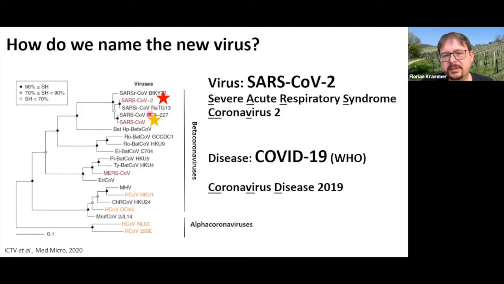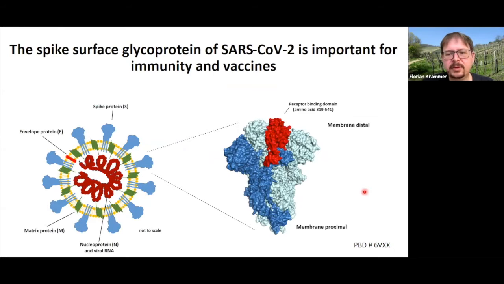And so because there was this relationship and the disease was similar, the virus was termed severe acute respiratory syndrome coronavirus 2, or SARS-CoV-2. And the disease was termed coronavirus disease 2019 because it showed up already in 2019. And what is important to mention here, and we'll get into that, and it's super important for vaccines and immunity, is this spike protein on the surface, these protrusions that make it look like a crown.